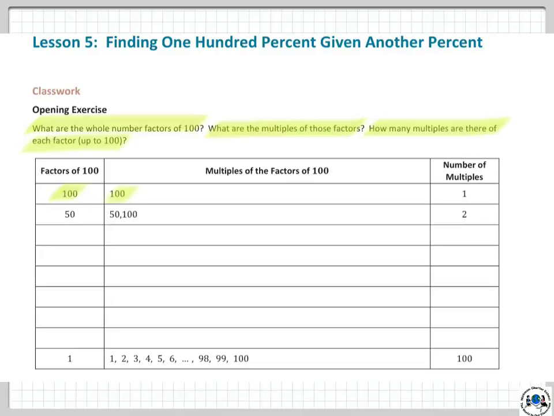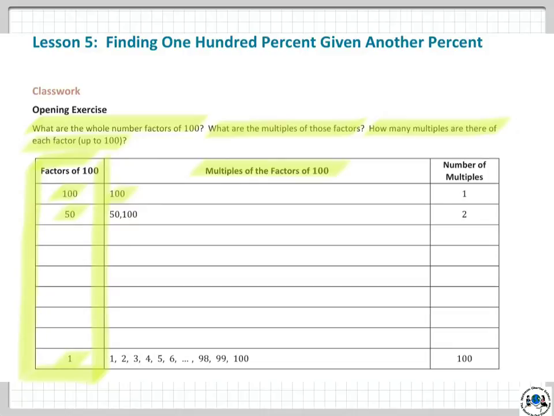Let me start over again. This column right here is going to be the factors of 100, going down. You can see they have 50 done for you already, and 1 as well. And this huge column over here is going to be the multiples of those factors.